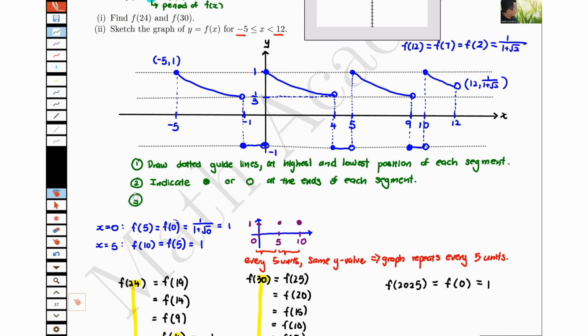Last, if you note carefully, my extreme left and extreme right endpoint of the graph, I indicated the coordinate. So give the coordinate at extreme endpoints. Write in coordinates at extreme endpoints. So that would be a complete graph that we will have for a function that looks like this.